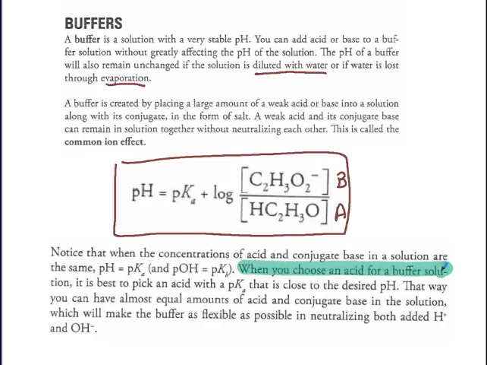When you choose an acid for a buffered solution, it is best to pick an acid with a pKa that is closest to the desired pH. That way you can have almost equal amounts of the acid and base, which makes the buffer as flexible as possible, meaning that we can add H+ or OH- in equal amounts and the buffer will not change in pH.